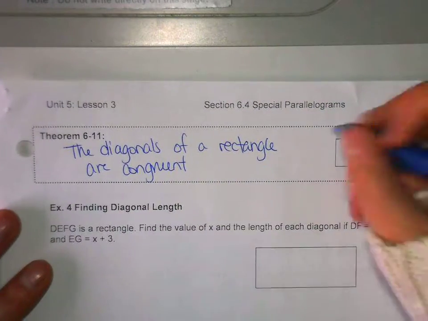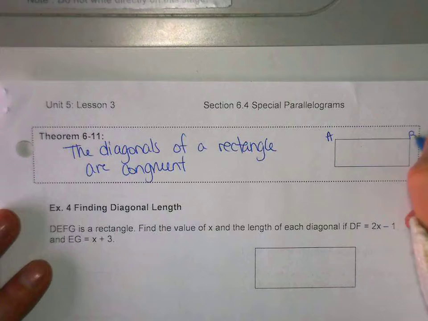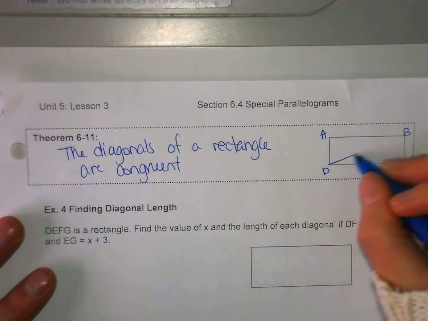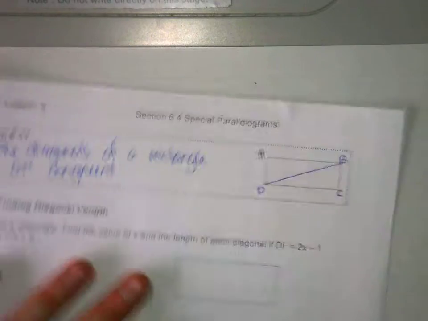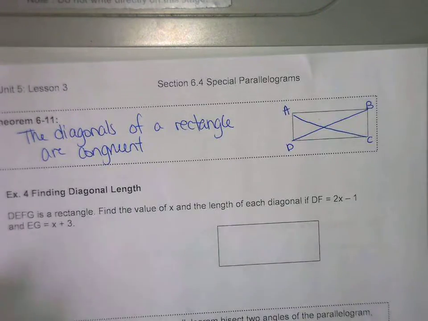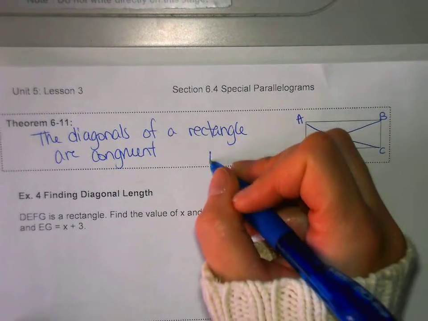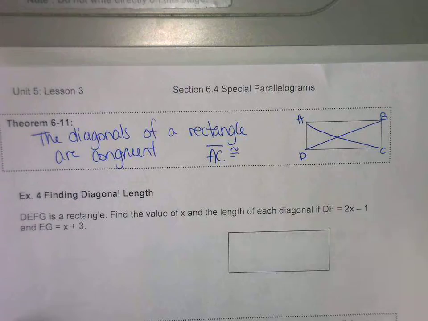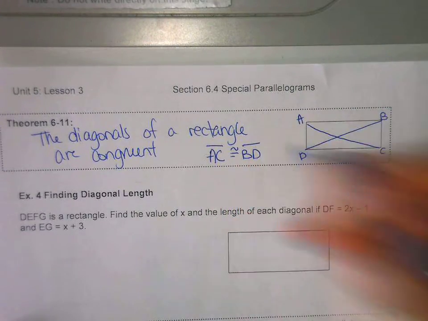So in this figure, let's label this A, B, C, D. If I draw in my diagonals, pretend that one is straight, that means that the length of AC is congruent to the length of BD.